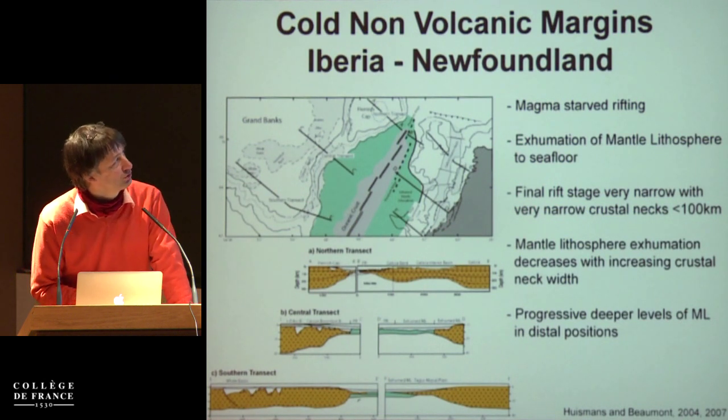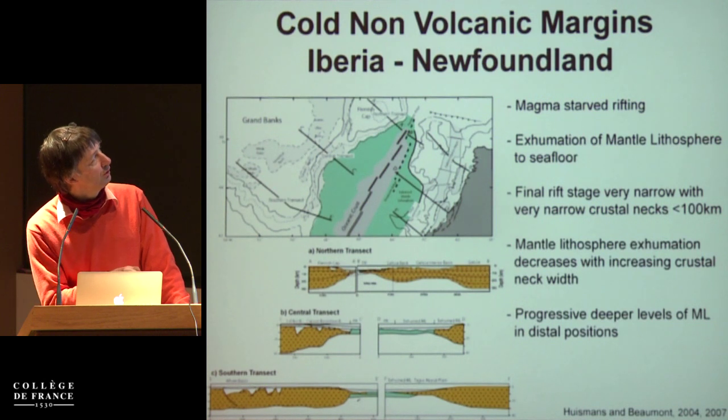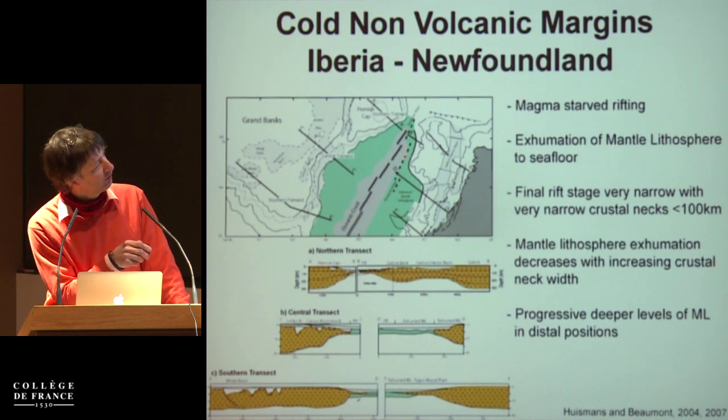All right, now again to some classical systems that have been studied a lot in the literature. Here's a summary of observations from the Iberian-Newfoundland system. One of the key observations of this system is that it's magma-starved, and basically here we have the continental crust boundary on each side.